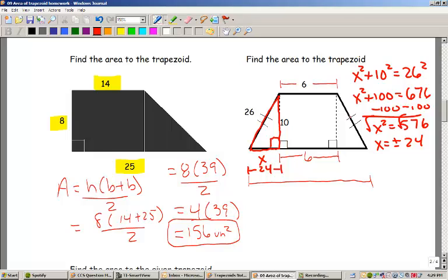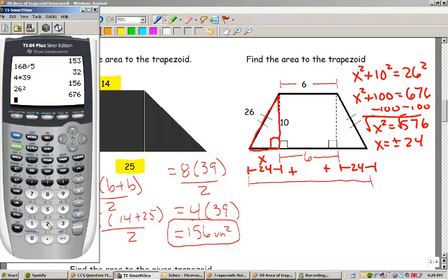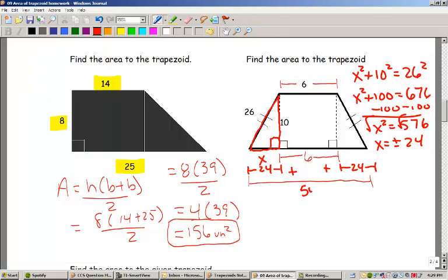The other thing you need to remember is with an isosceles trapezoid, that piece is congruent to this piece. So if this piece is 24, this piece is 24, now I can find my whole bottom base by taking the 24, add it to the 6, add it to the 24. So 24 plus 6 plus 24, and we get an answer of 54.